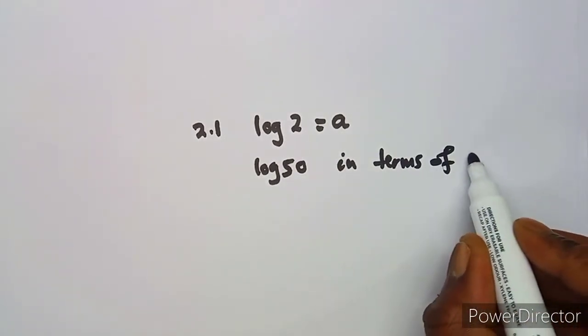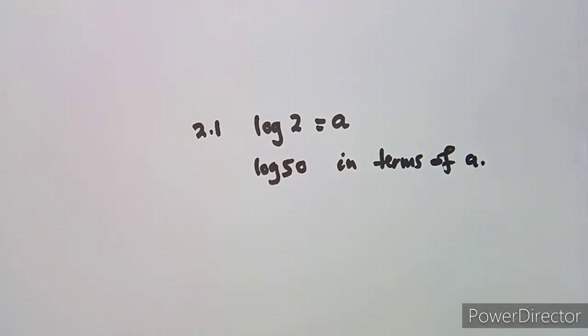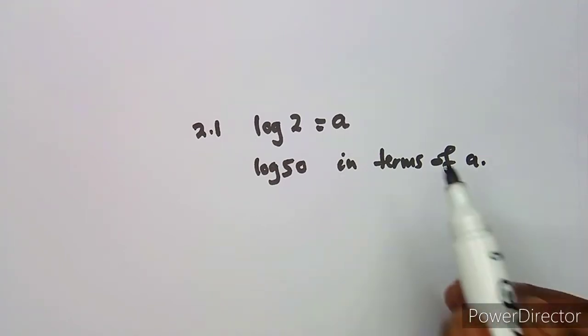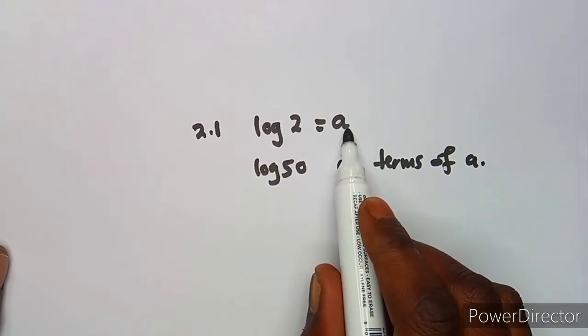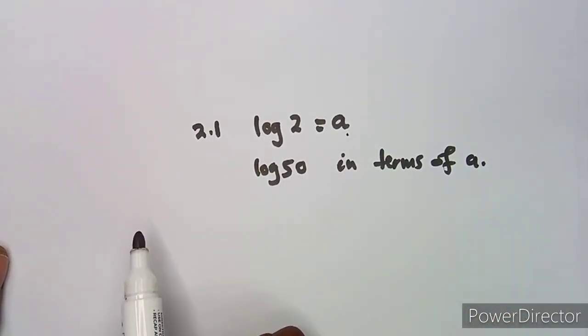All right, so if we cross-check there, the condition is that we are supposed to write in terms of some logarithms that we know, and also in terms of 2. In terms of 2, we are already given that log 2 is equal to a. But there are these logarithms you're supposed to know from your N1, N2 mathematics.